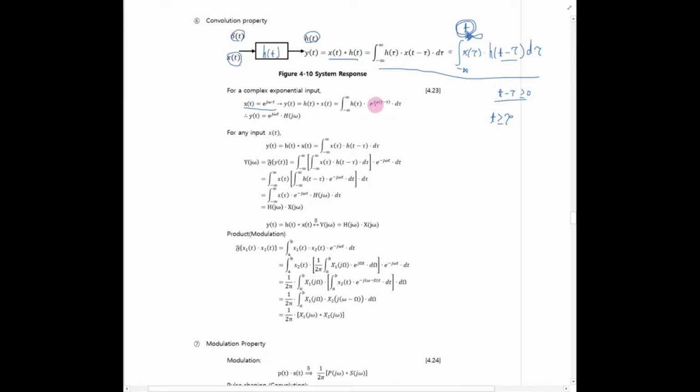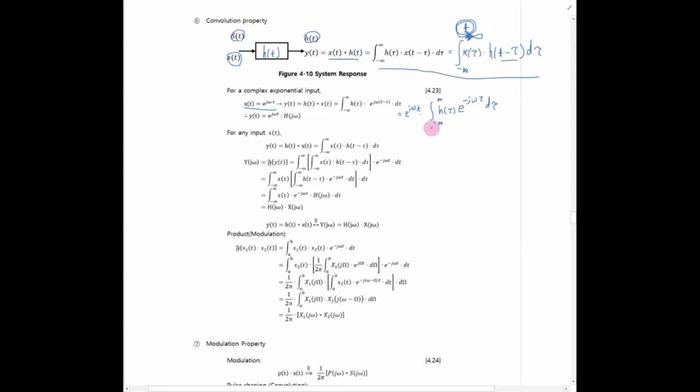Here, take out this e to the jωt part, then this becomes e to the jωt times the integral from minus infinity to infinity of h(τ) e to the minus jωτ dτ.